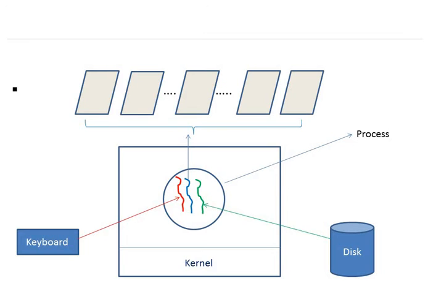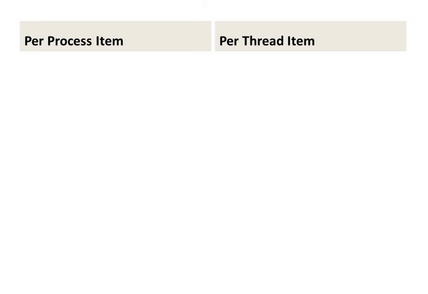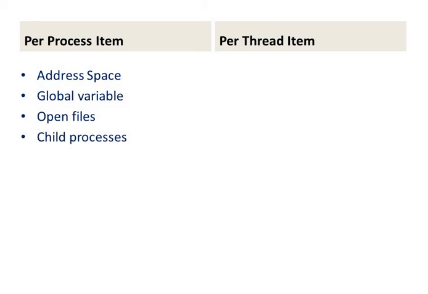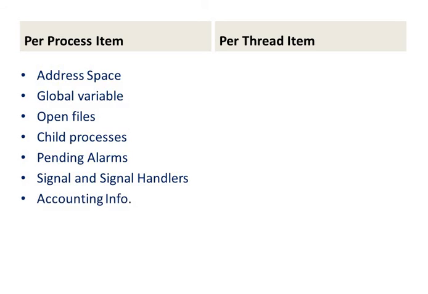This example is just for your convenience to understand the concept. Now let's see in which terms a process has how many items and a thread has. A process has its own address space, global variables, open files, child processes, pending alarms, signal handlers, and accounting information, like how many CPU allocations have been executed for this particular process.